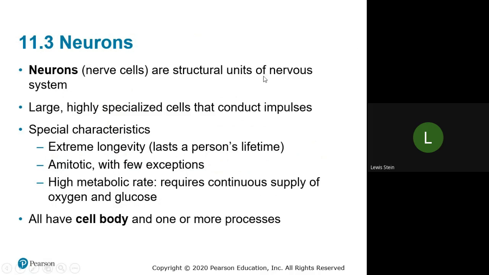So the nerves are the structural unit, very specialized. Obviously, they conduct impulses. They last your lifetime. I think they're almost exclusively amitotic. The exceptions are so rare it doesn't pay to comment on them. And yes, it's all about oxygen and glucose. Your brain functions on glucose.